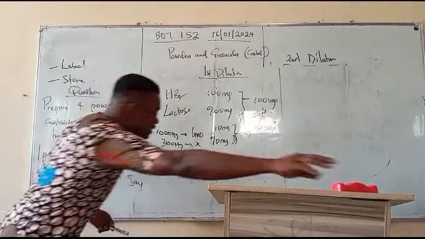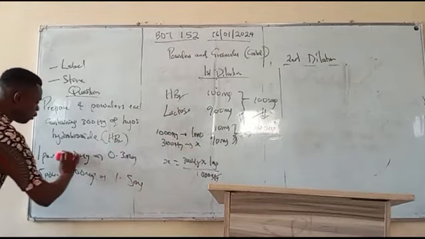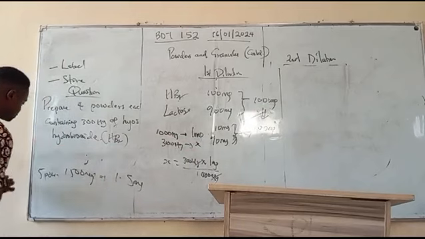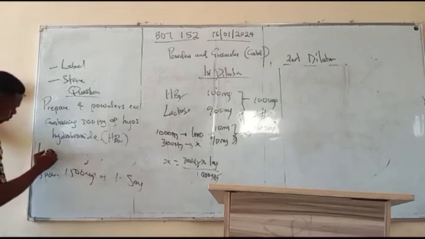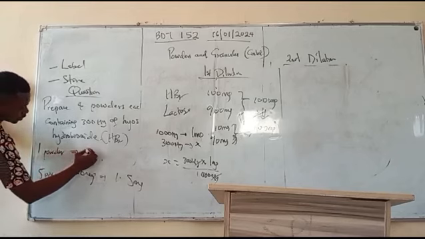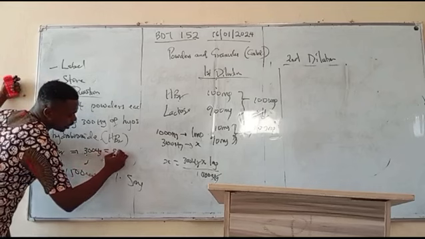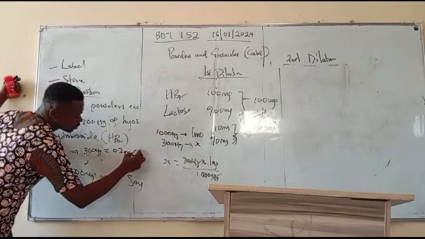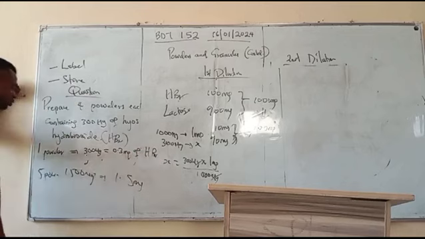Okay, let me write it in a way you will understand. One powder will contain 0.3 milligram, or 300 microgram, of hyoscine.